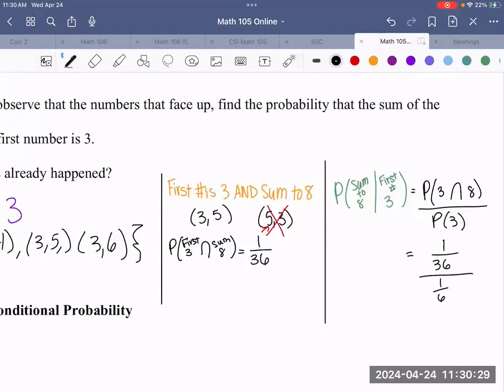We can put that into your calculator. We could also do a little bit of algebra. If you have a fraction over a fraction, you can keep, change, flip. You flip your other fraction upside down, and then it's just, again, 1 out of 6, or about 17%.